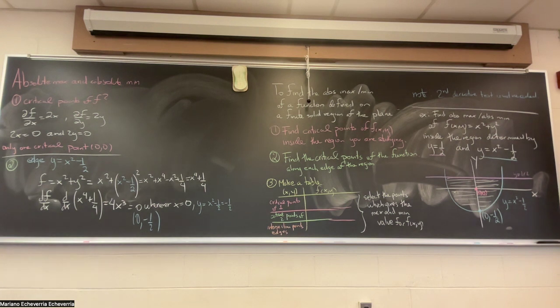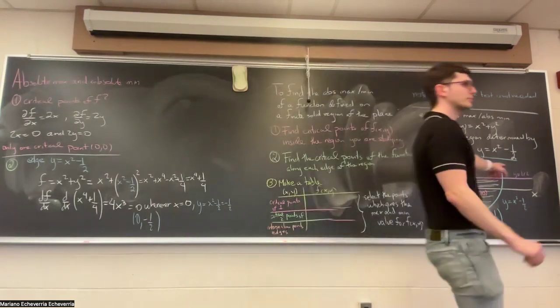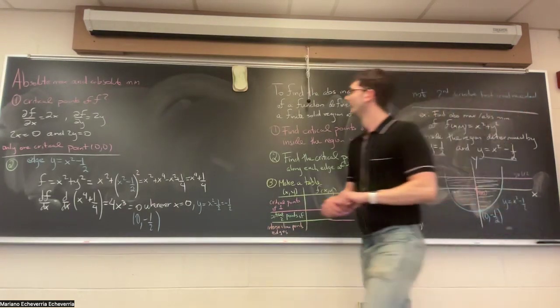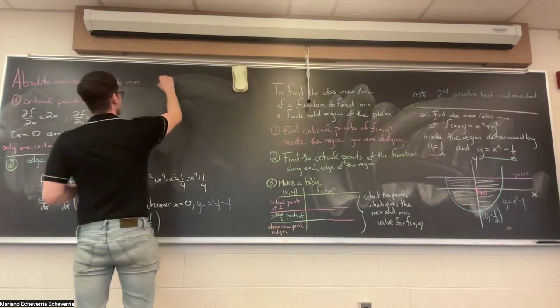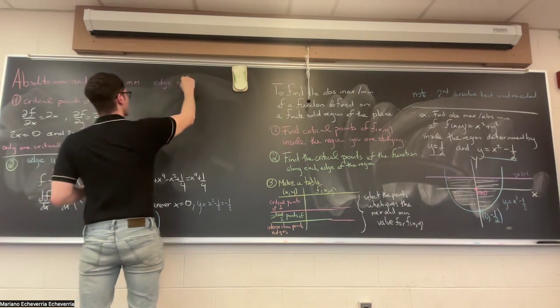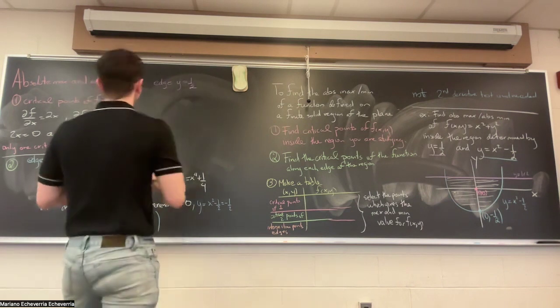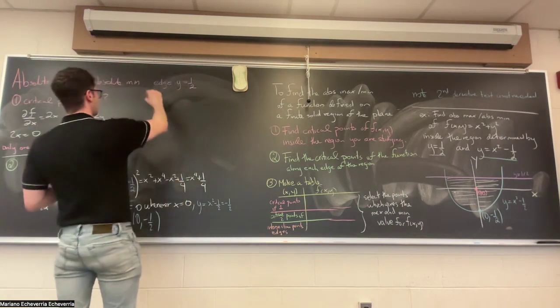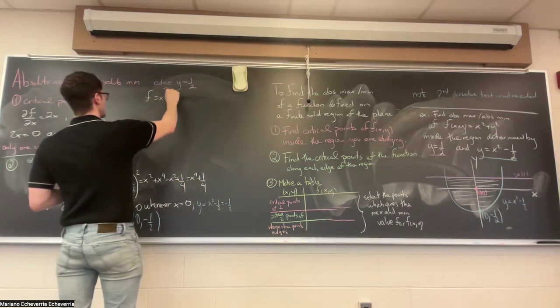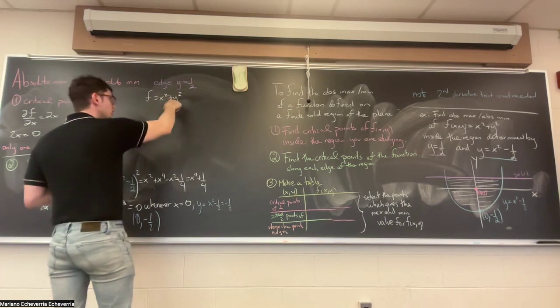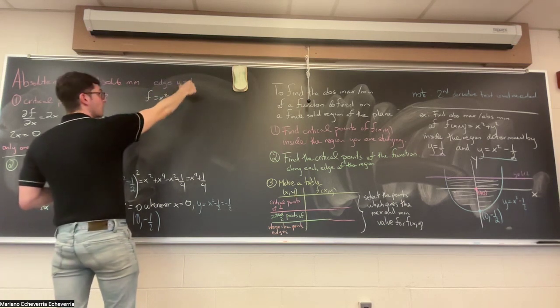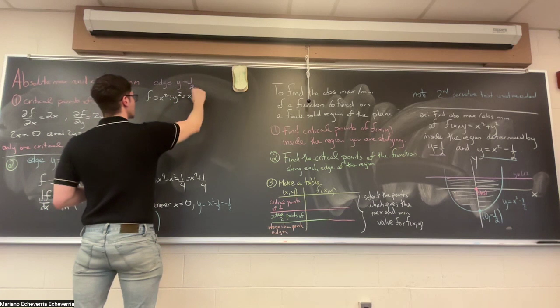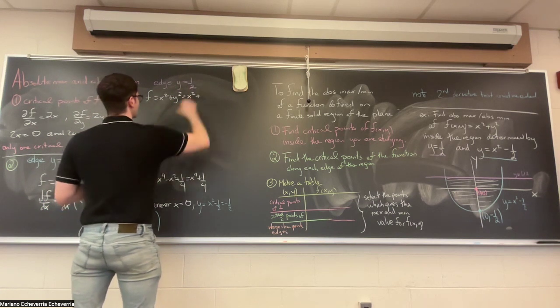Okay, so what's the other edge? The other edge is y equals 1/2, right? And now we can redo what I just said. So f is x squared plus y squared. That's always true, but along this edge, y is 1/2. So this becomes x squared plus 1/4.